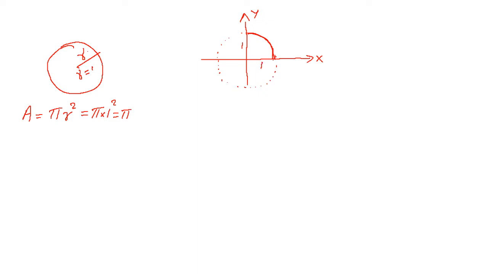Now in order to find this area, let me call that area A. I consider a simple area which contains the area of interest, small a, correct? That will be obviously a square whose area is 1 into 1, that is 1.